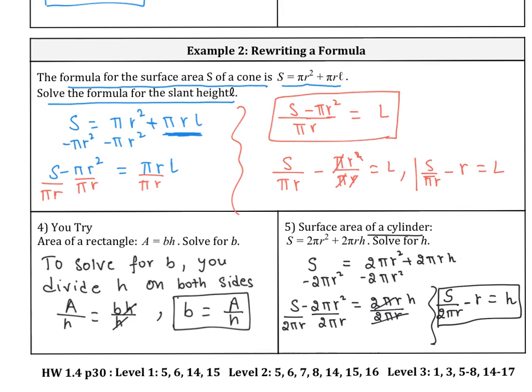Now you're going to get the h by itself, so you're going to divide both sides by 2 pi r. So 2 pi r and 2 pi r cancel. S divided by 2 pi r, and 2 pi r squared divided by 2 pi r. So 2 and 2 cancel, pi and pi cancel, r squared divided by r is just r. So you're going to get h equals S divided by 2 pi r, minus r.